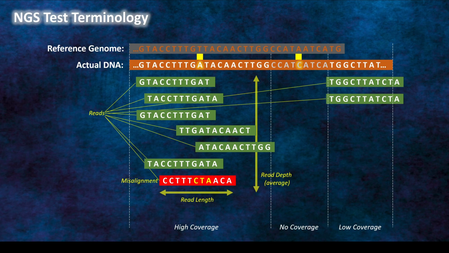Everybody has their own measure of quality there, and sometimes you'll get a report of a particular area that's reported with few reads. So you kind of have to take that as a representative call, but it may not be entirely accurate. So you have to decide whether, if there's a SNP that's been reported there, that's accurate or not, and that's on you to decide instead of the company.